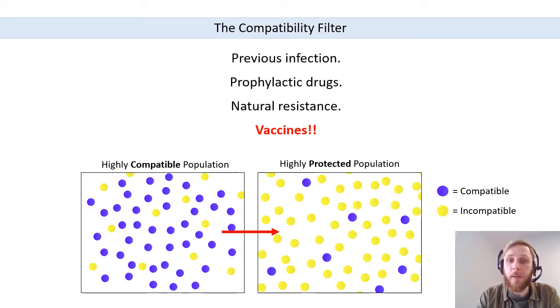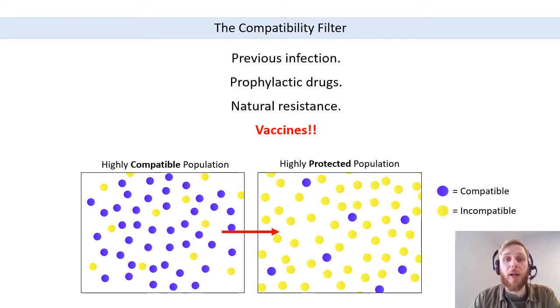Prophylactic drugs. So for some viral infections, individuals can be given drugs prophylactically. Again, this is a concept we've talked about, the idea that you can give someone, in the case of viruses, antivirals, and these antivirals will inhibit the replication cycle of a particular virus if individuals do come into contact with that virus.